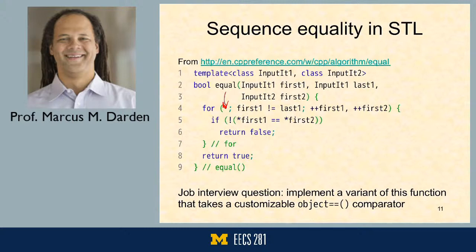So, in this case, as I mentioned, input 2 has to be at least as long as input 1. If it's longer, this function doesn't say that they're not equal, right? So this one is going to take grass and grasshopper and say that yes, they are equal, because grass is the prefix of the string grasshopper.